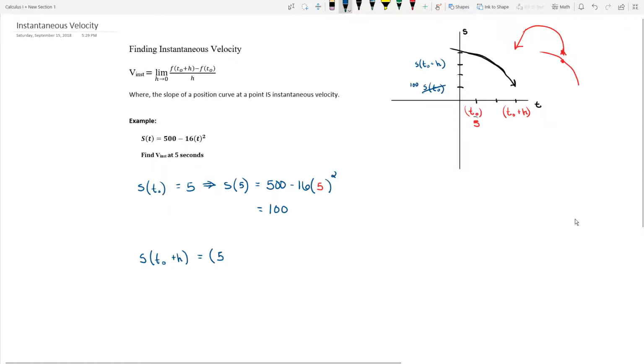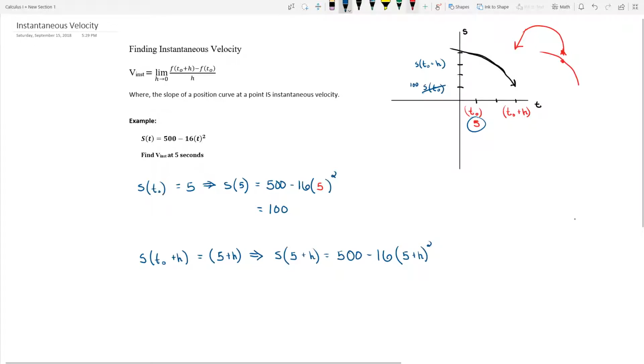We have that, plus that little bit of h will therefore be 500 minus 16 multiplied by 5 plus h squared.